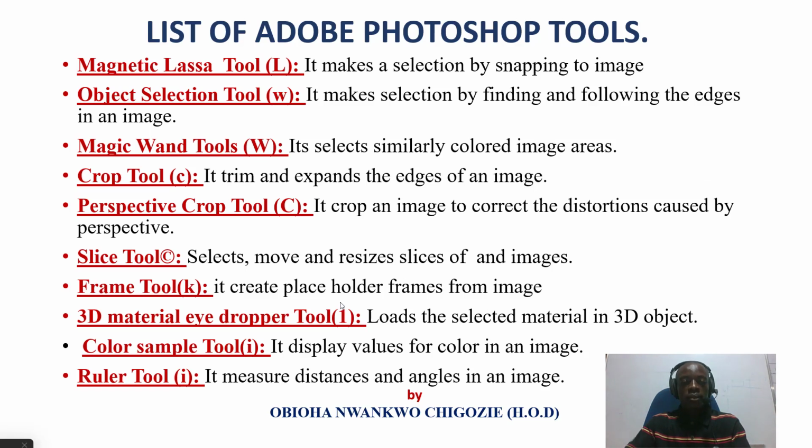You can see. You have frame to create a placeholder frame from an image. You have the 3D material eyedropper to load the selected material in a 3D object. You have the color sampler, it displays values for colors in an image. You have the ruler, it measures distance and angles in an image.